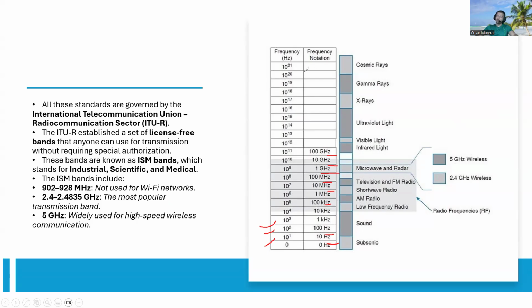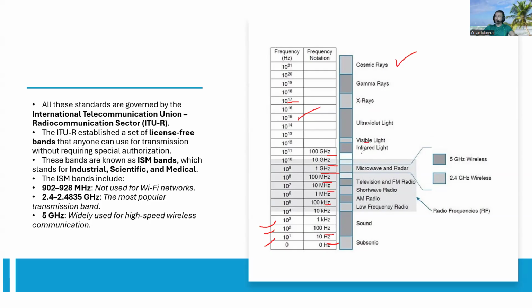We have 10 to the power of 21 for cosmic rays, gamma rays, X-rays, 10 to the power of 17 for ultraviolet light, 10 to the power of 15 for visible light, infrared light, 10 to the power of 12, and 10 to the power of 13.